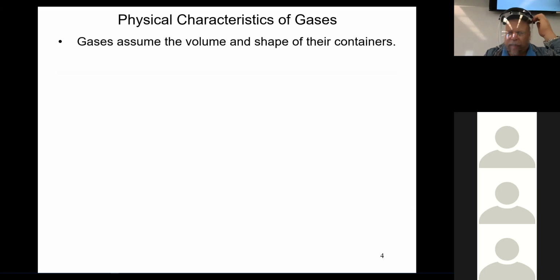Physical characteristics of gases. Gases assume the volume and the shape of their containers. If you pour a gas into this cup, what's going to happen to the gas? It'll take the shape of it and then eventually come out. Like I could pour CO2 into this and it would fill up the cup because CO2 is heavier than air.